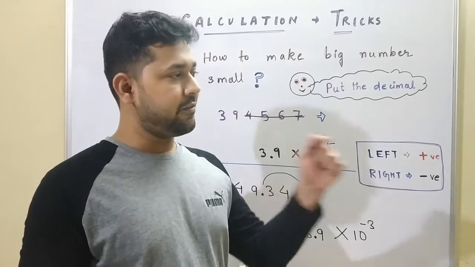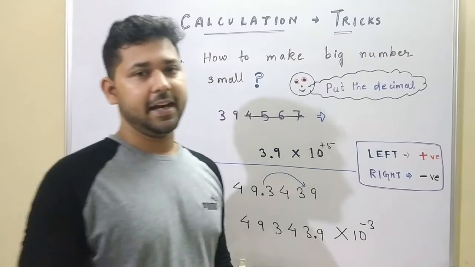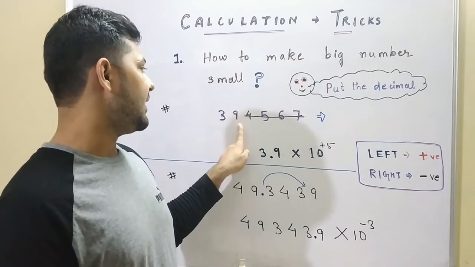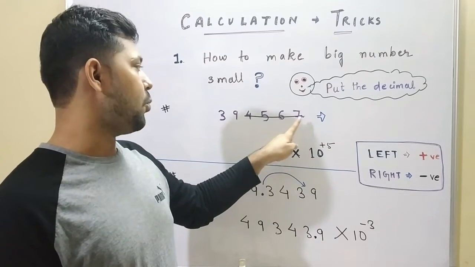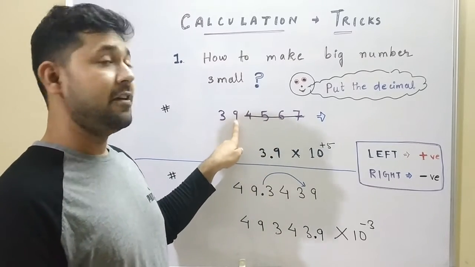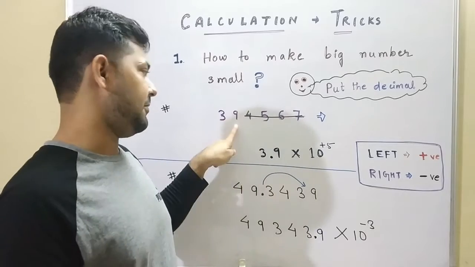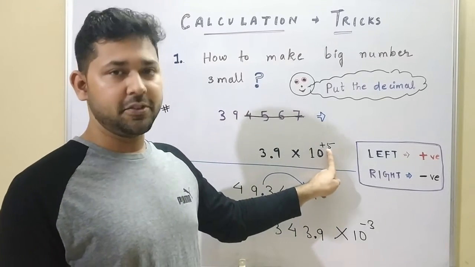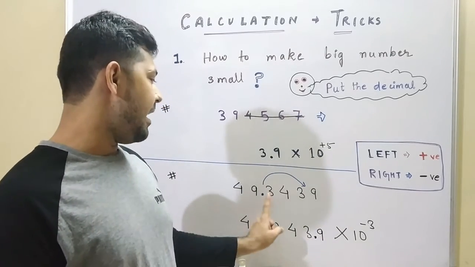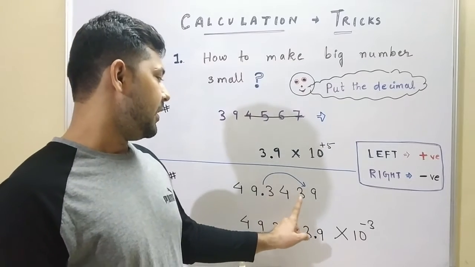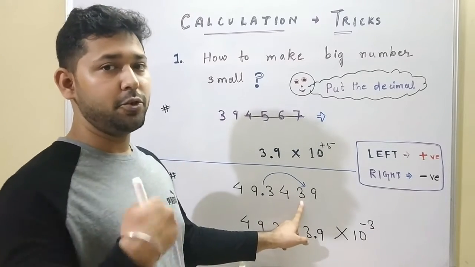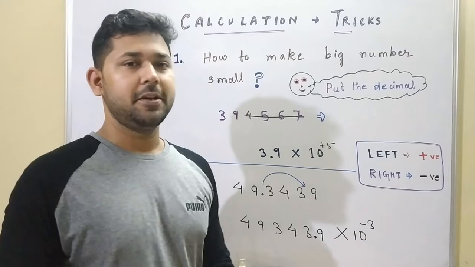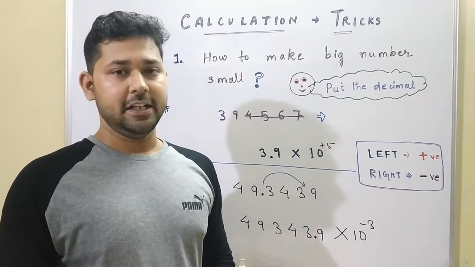And if you are going right, then it should be negative. You can see here, I have to just pass 1, 2, 3, 4, 5, 5 numbers to my left. So the power is positive 5. And here I have to pass 3, 4, 3, 3 numbers to my right. So I have to just place the negative. It is quite simple.